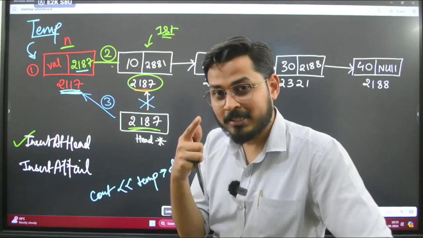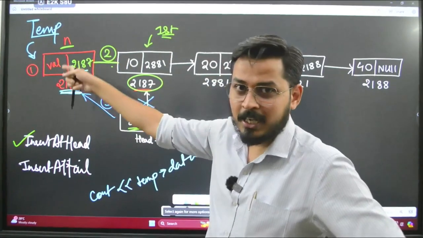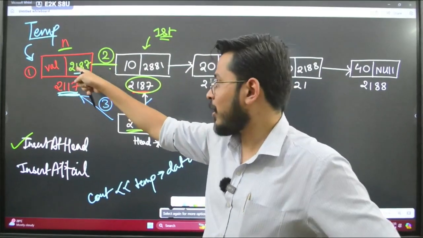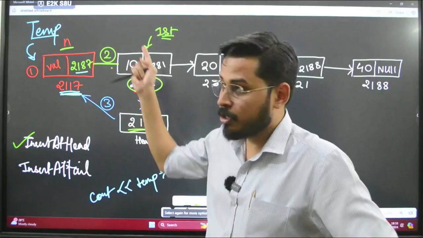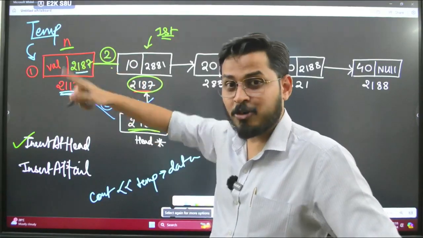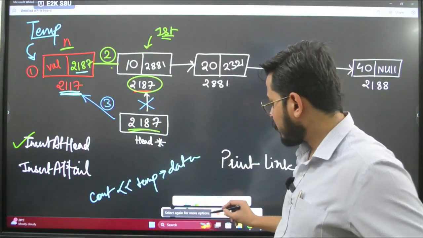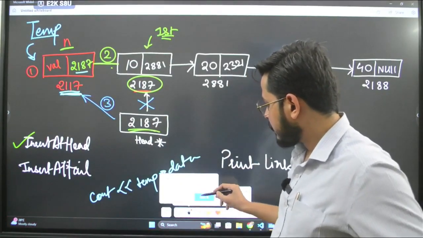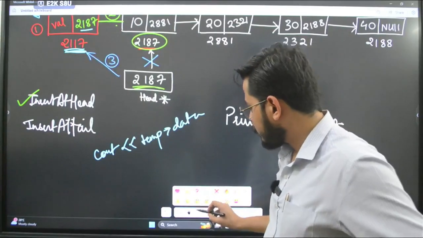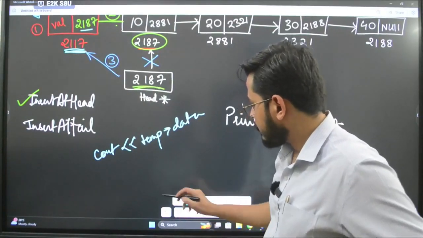Think about it, guys. Temp is standing here, and in the node, the next pointer is holding the next node's address. So if I ask temp, you access your own next, I am trying to do something like this.